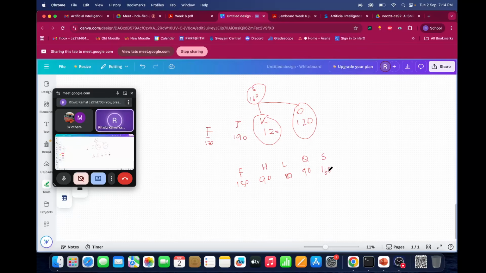See, this is the point I think some of you were asking about. S is appearing again, but it already has a worse heuristic value than what we got in the previous level, so it will never be selected, right?